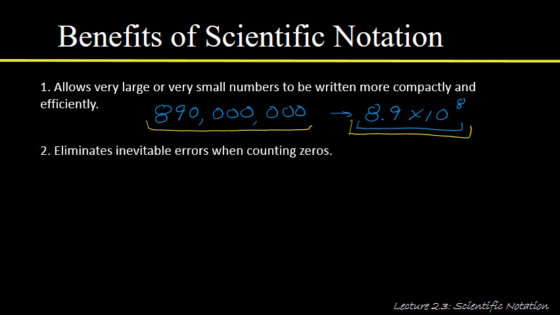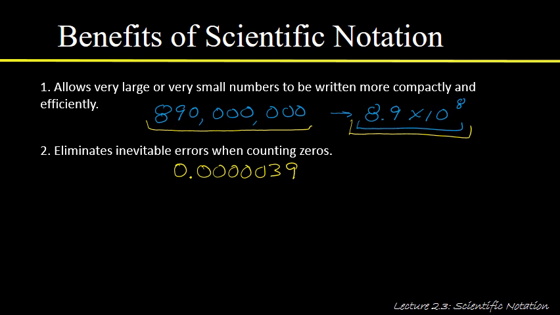One of the other reasons is that it helps eliminate errors when you're trying to count zeros, right? Have you ever been taking a test and you put something in your calculator and you've got something like 0.0000039, and then there's some second step and you've got to type that number in, or you've got to transpose that number onto your exam paper.